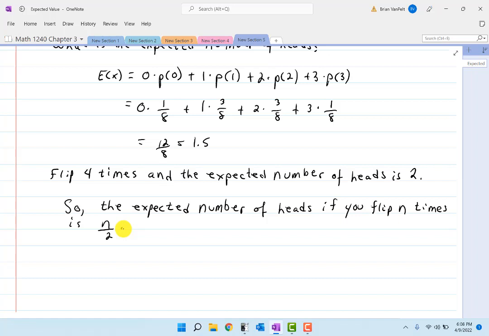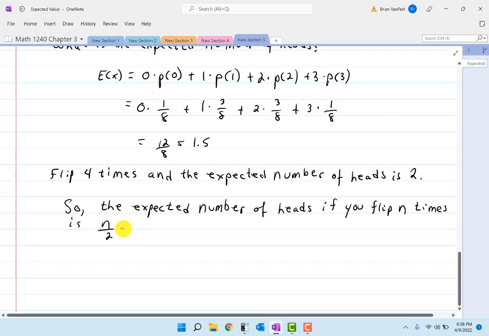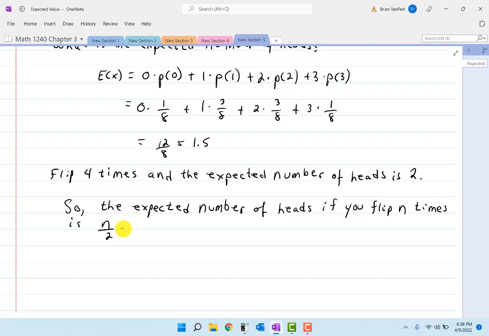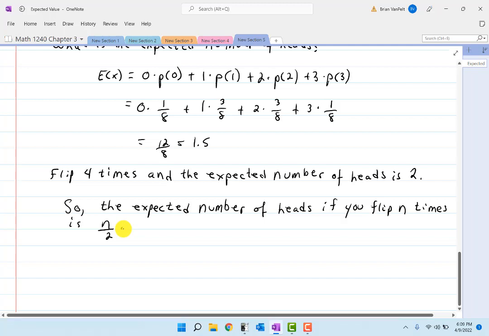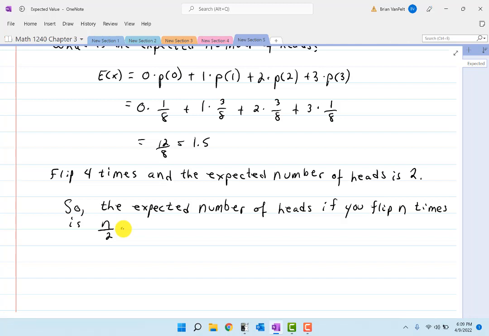Now, notice that it makes sense when I have an even number of flips, but the odd number of flips is a little bit weird, but mathematically it still makes sense. Additionally, I could have said tails throughout the whole problem and gotten exactly the same numbers, because whatever happens to heads is mirrored by whatever happens to tails.